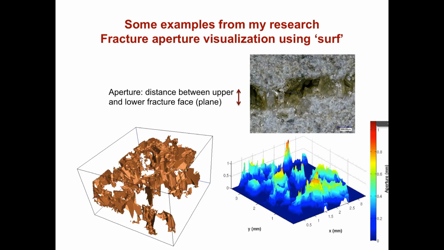When I x-ray this fracture, I get what's called the aperture, which is the distance between the surfaces. This aperture field is typically with respect to the midplane. And I can plot it. So you can see this is the three-dimensional surface around this fracture. It's very tight.